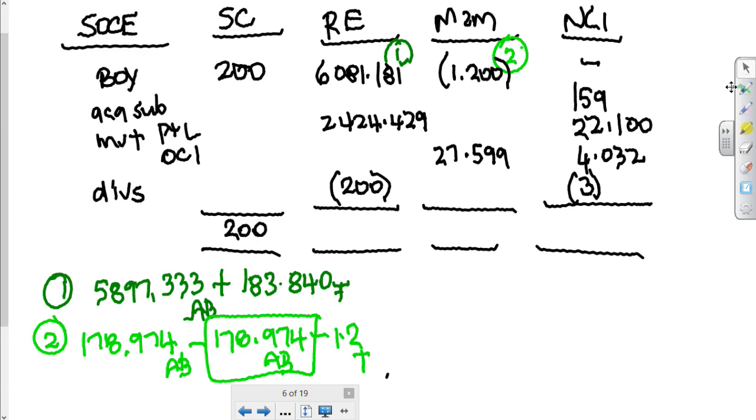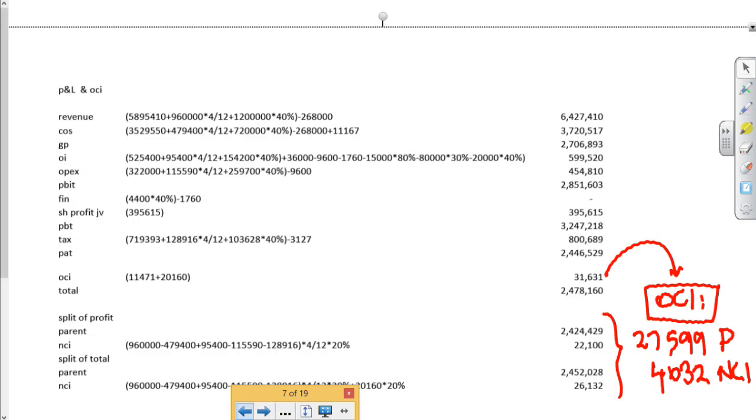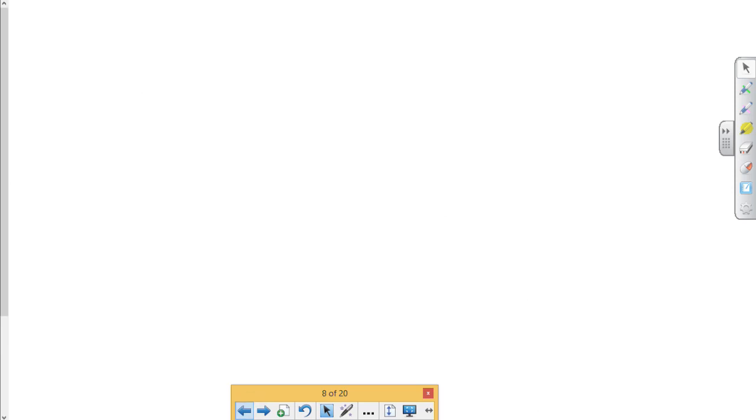All right, so today, because next week we are going to start changes in ownership, let me just add a page here. If we look at what this module comprised, it comprised IFRS 3, acquisition of a subsidiary or acquisition of control, where the parent acquires a subsidiary.